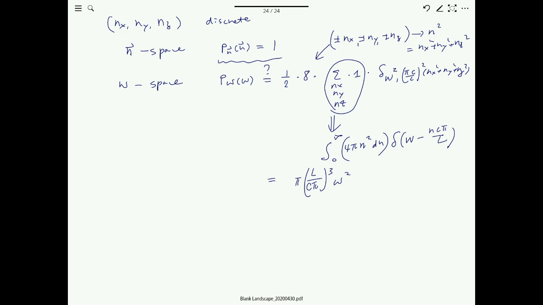For example, similarly, if I quantize my particle in the box, what I need to get is the density of states for bosons. First, from the particle in the box calculation, the energy level and the energy have these relations.